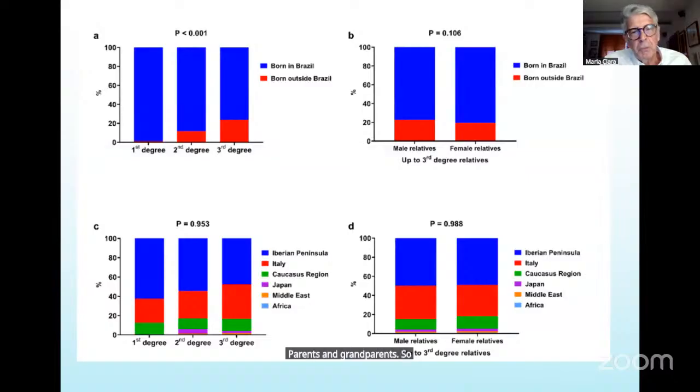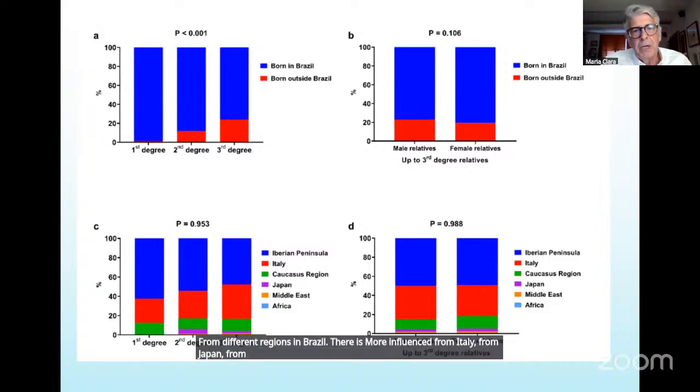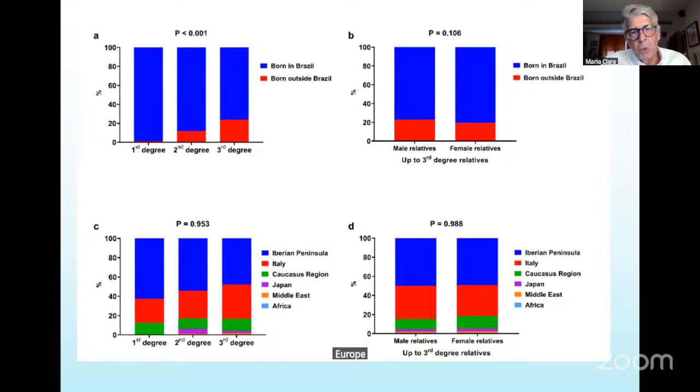So we saw that from different regions in Brazil, there is more influence from Italy, from Japan, from Europe, but most of the Brazilians came from the Iberian Peninsula.